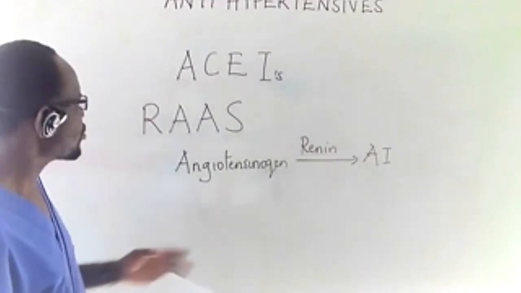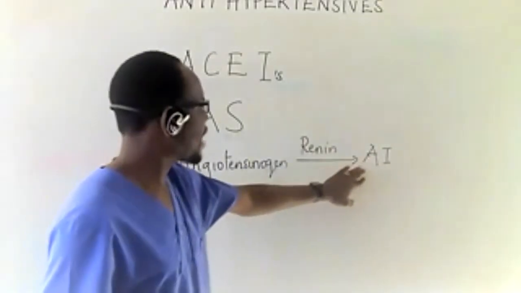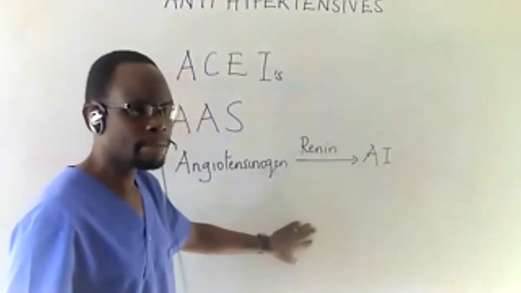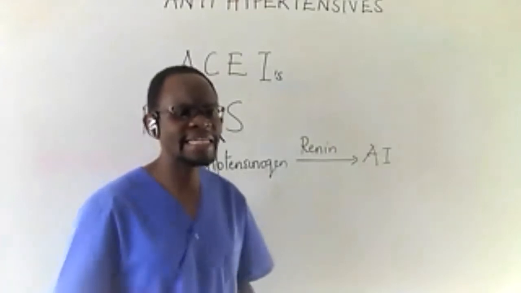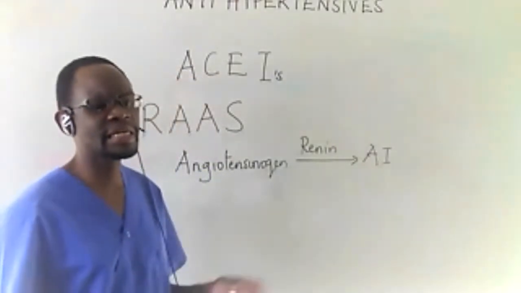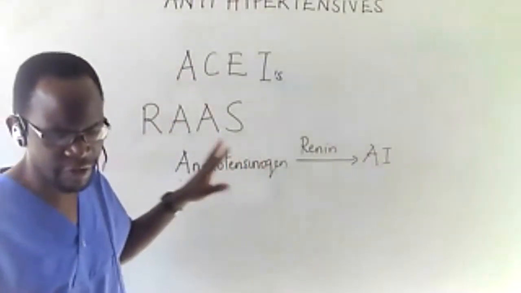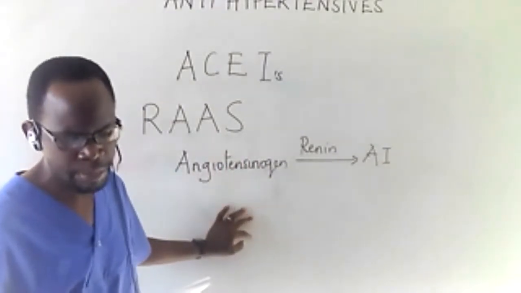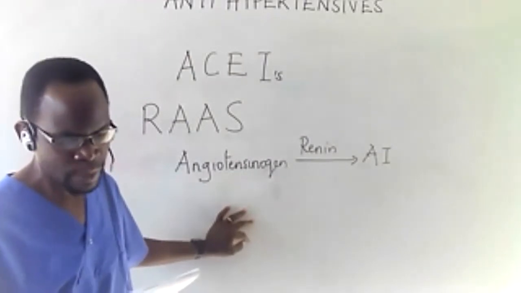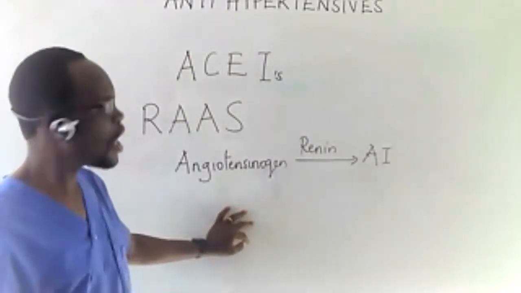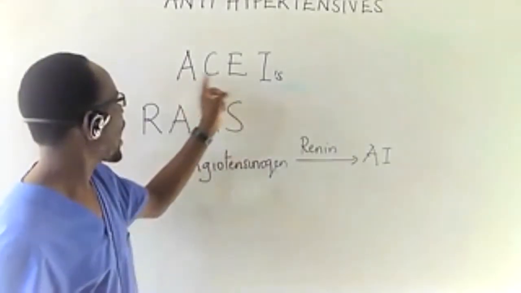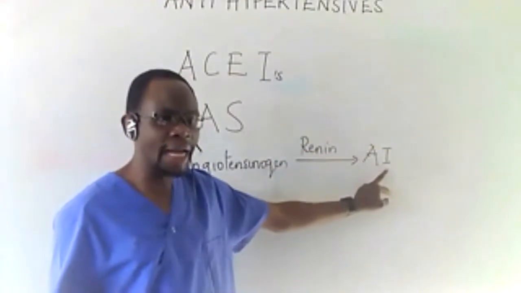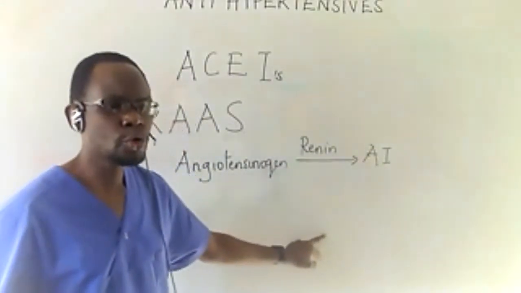Now, this angiotensin 1 will further be converted by angiotensin converting enzyme, which is basically manufactured in the lungs, in the pulmonary trunk of the lungs. And so ACE, angiotensin converting enzyme, will convert angiotensin 1 to angiotensin 2.